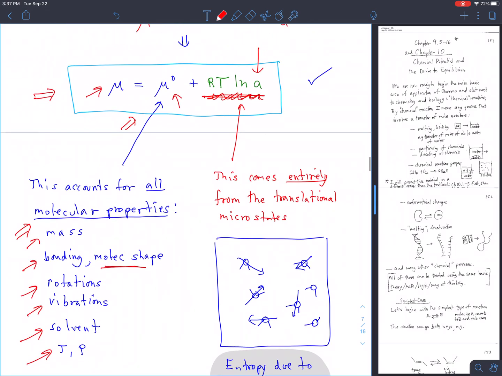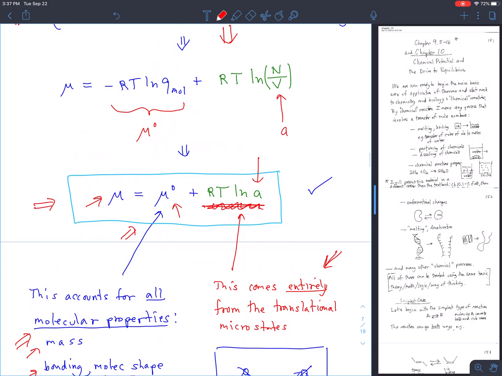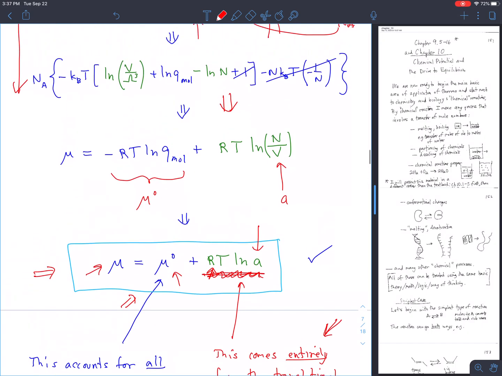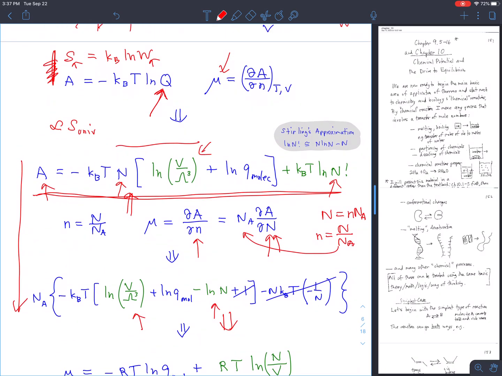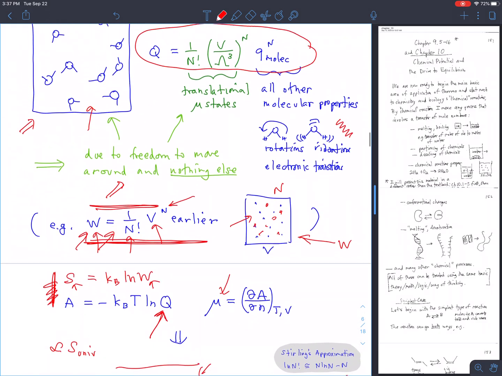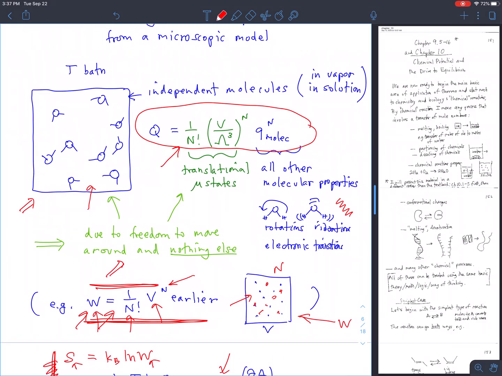This second term comes entirely, if we trace everything back, you notice I made this dark green color, and these terms are also the dark green color. And there's the dark green color again, and if we go back up, there's the dark green color.